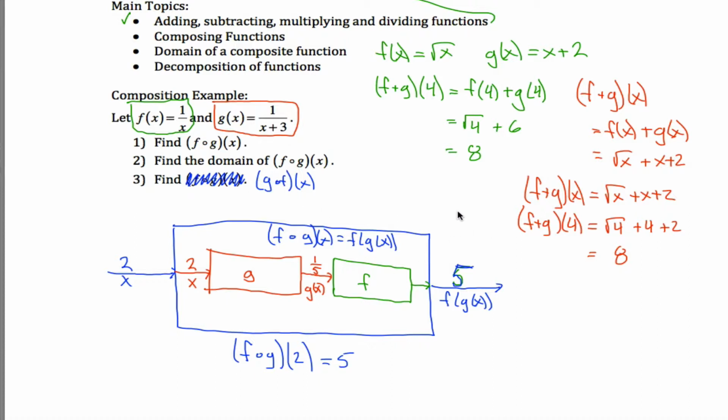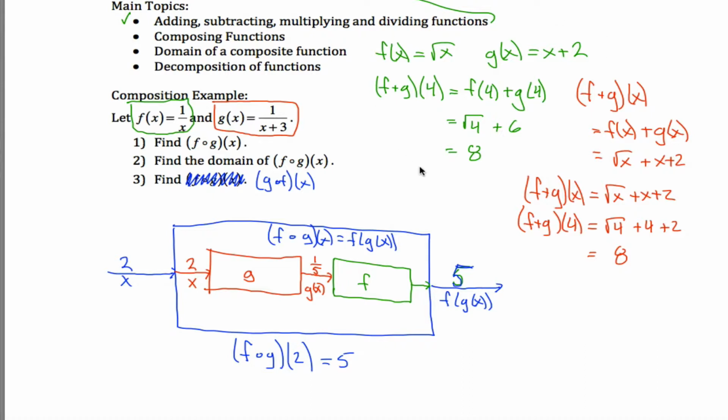The last thing I want you to realize is just like we had 2 ways of doing this problem. So remember back when I was working on this and I figured out f plus g of 4 by doing f of 4 plus g of 4, and then later I got really clever and did it this way. What I did down here is analogous to what I did in green here, where I took a 2 and put that into the red machine first and saw what came out, 1/5, and then took that 1/5 and put it into the green machine.